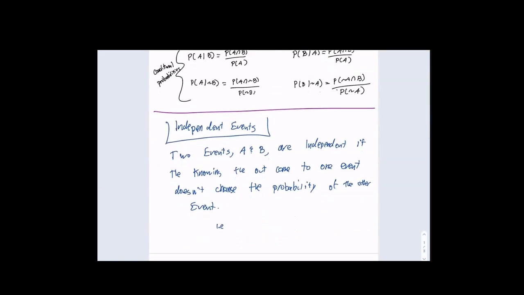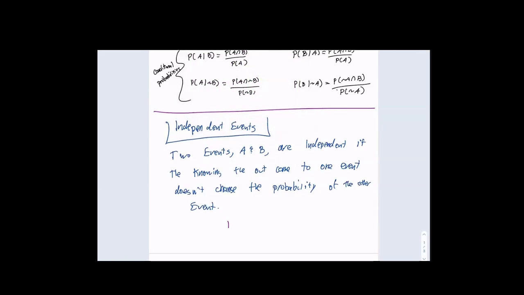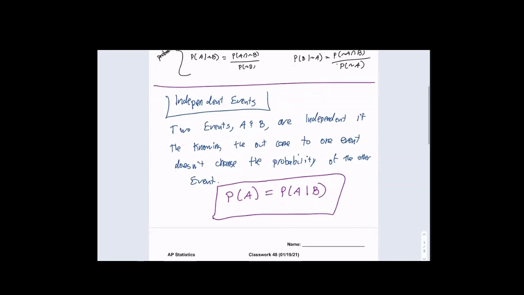In other words, and here's the rule, the probability of A is equal to the probability of A given that you know B. If this is true, then they're independent.